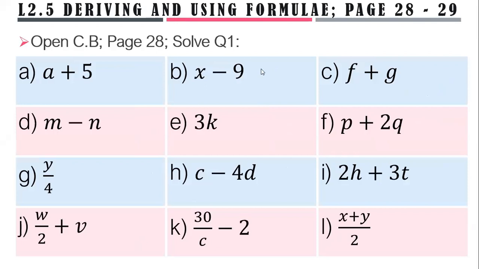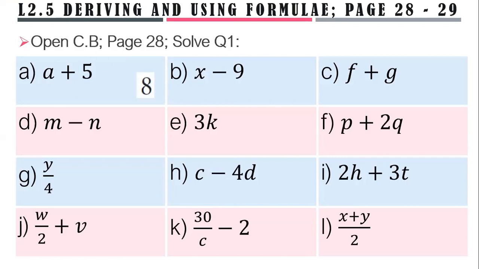A plus 5, instead of A, put 3. 3 plus 5, which is 8. Thank you. We're done. This is the first part.